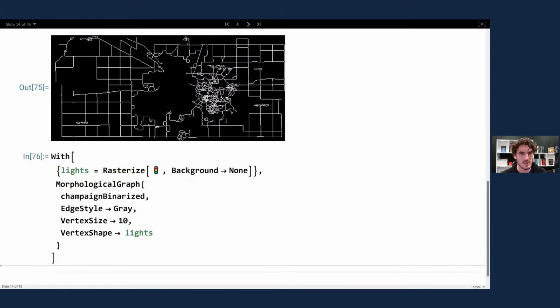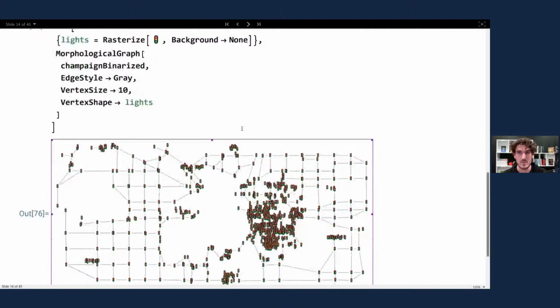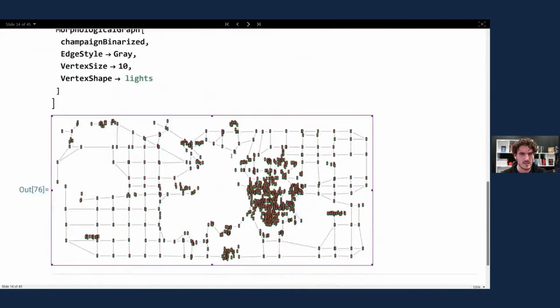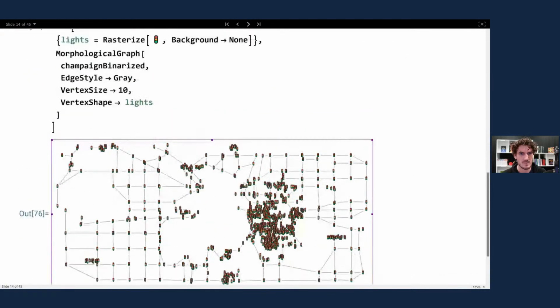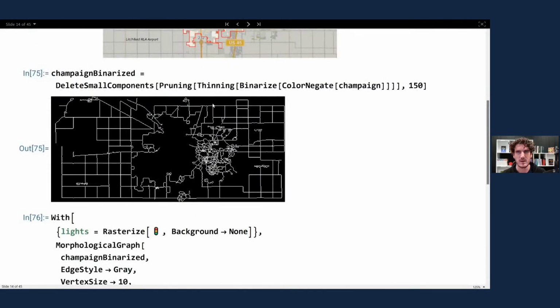Okay, and there are a lot of edges, so this is what we get. But this has happened in seconds, right? We've gone from a map image of Champaign, Illinois, where the US Wolfram HQ is, and this is what we've got out of it, where we just use this binarized image as a stepping stone to the final result.